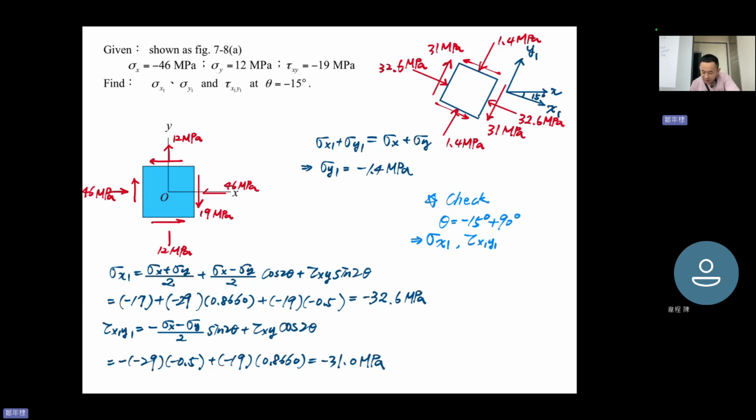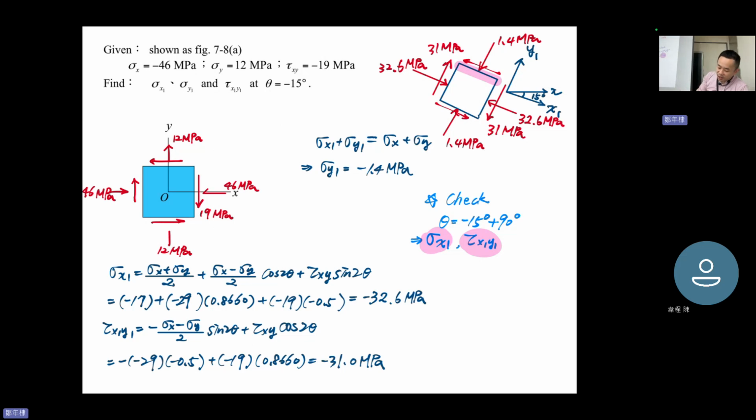Okay, but this x1 y1 is not the one I draw here. Actually, this sigma x1 y1 actually will become this. Okay, the main focus will be in the y1. Okay, so you need to go back home, check that.